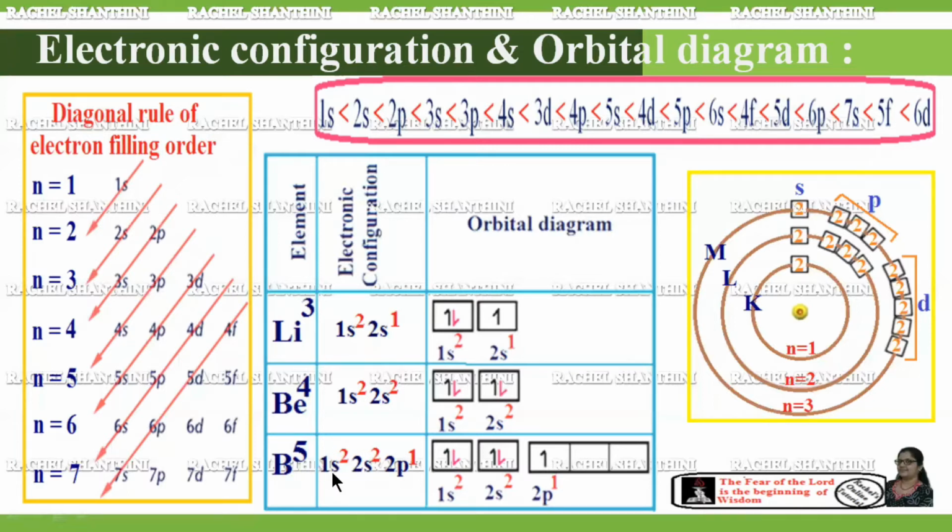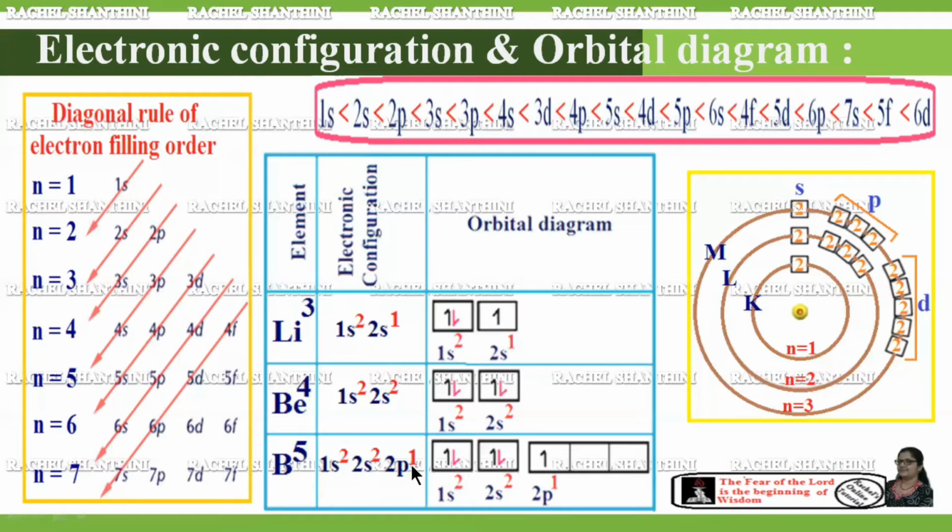Now shall we write the orbital diagram for boron? For 1s, we have to draw one box. For 2s, we have to draw another box. P orbital has px, py and pz orbitals, right? So we need to draw 3 boxes, continuous boxes.